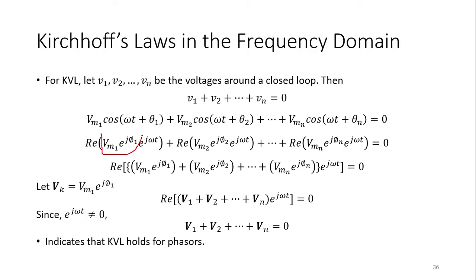So this would be our phasor. And because we are representing in the phasor domain, we are just omitting these parts. So doing the same operations as we did in our previous lectures, we reach this expression.